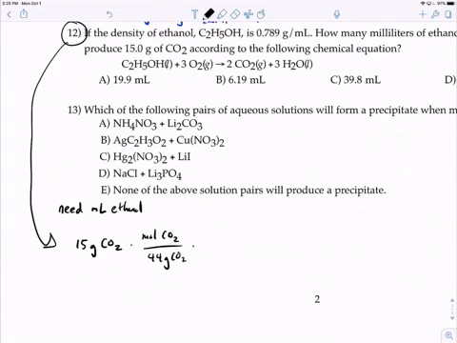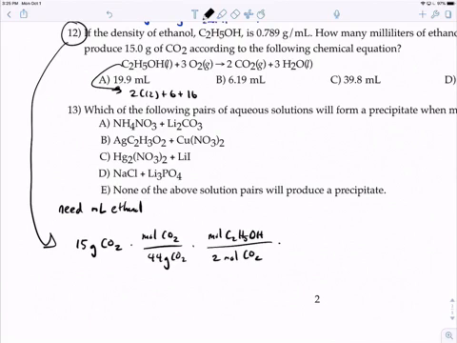Now there is 1 mole C2H5OH per 2 moles CO2. And then we have mass. So C2H5OH is 2 times 12 plus 6 for hydrogen plus 16.